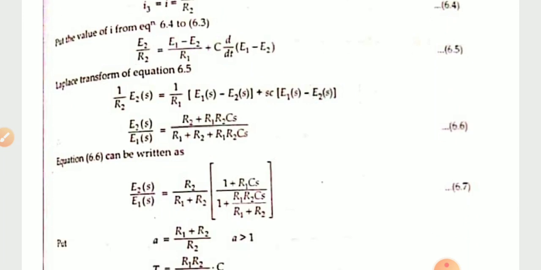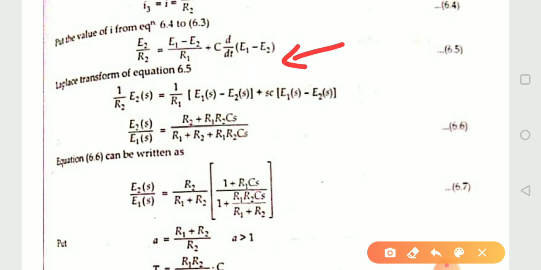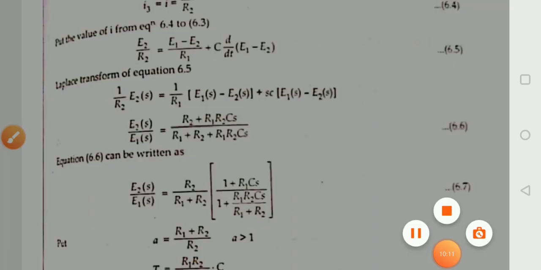Now we have this equation. At first we take the Laplace transform of it. When we take the Laplace transform, it is 1 over R2, because R2 is a constant.